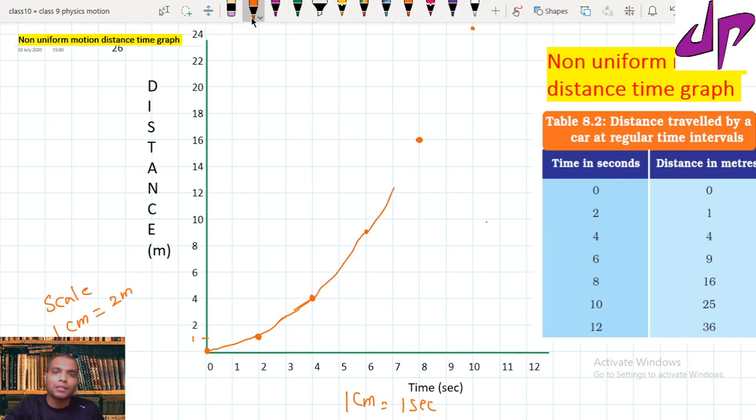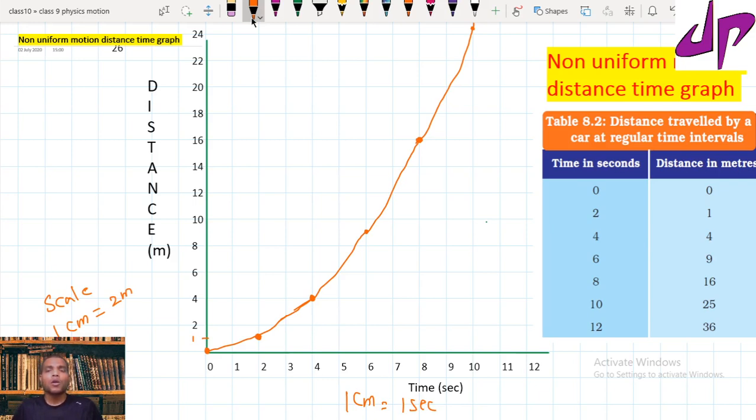So now we get a curve of some shape. Here we observe this line is not a straight line, it is a curve. Non-uniform motion distance time graphs will be any shape other than a straight line, depending upon the distance versus time.